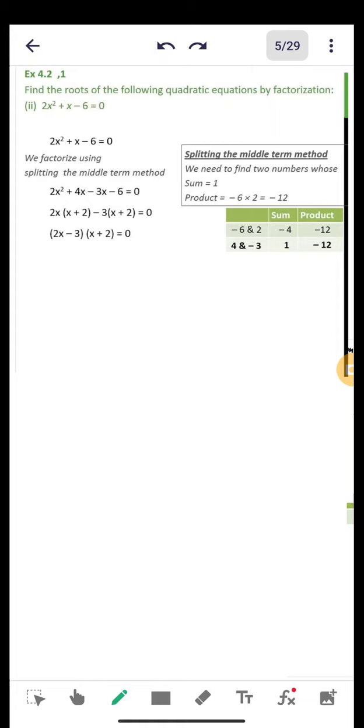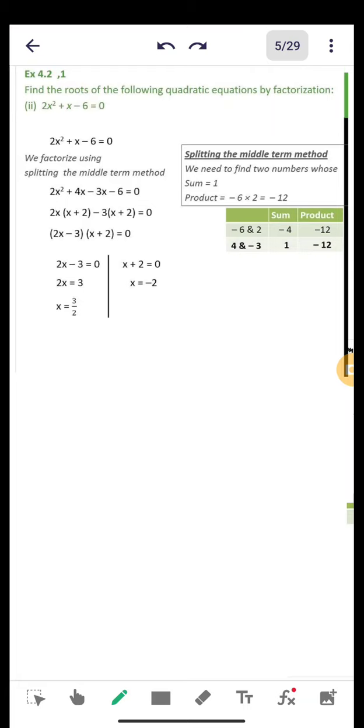Now taking x plus 2 common, what remains is 2x minus 3. You need to be very careful while you are finding the factors. So finally we get the values of x: 2x equals 3, x equals 3 by 2, and x equals minus 2 by transposing this to the right.